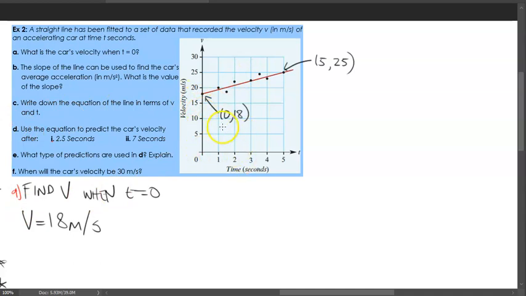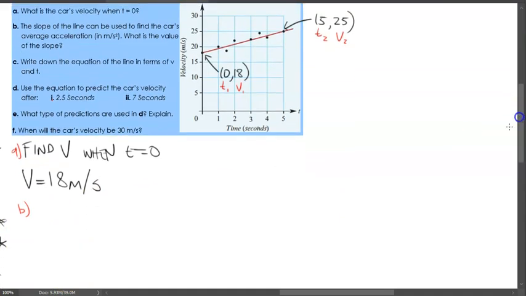This one here is our T1 and V1, so the time and velocity. And this right here is our T2 and V2, time and velocity. So question B, to find the average acceleration, we're just using that slope formula.